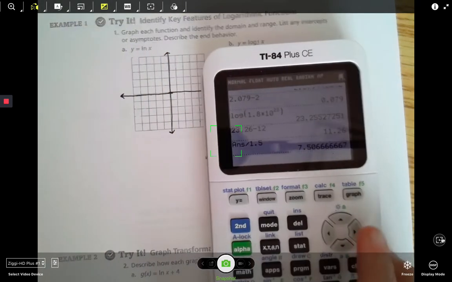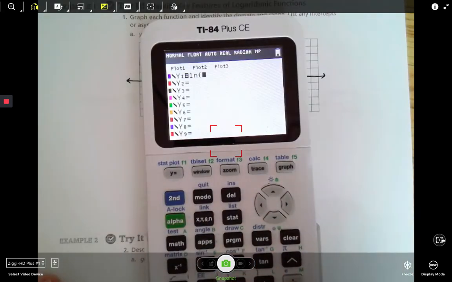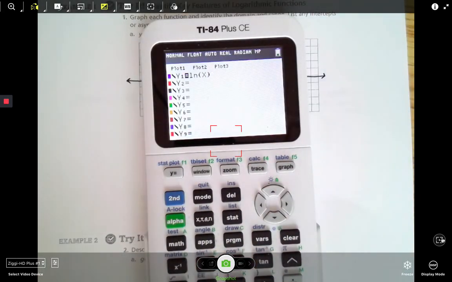So I'm literally just going to put this in y equals and get my table, the natural log of x.